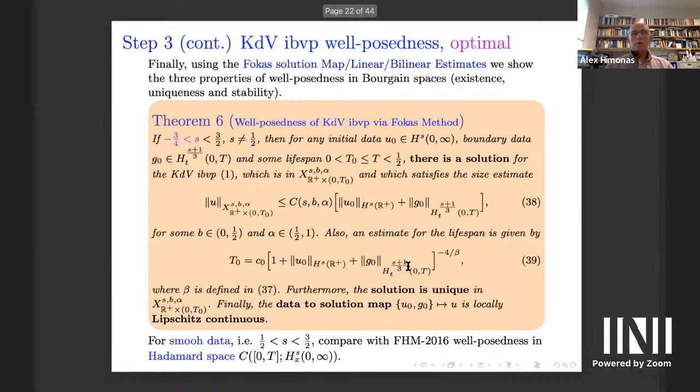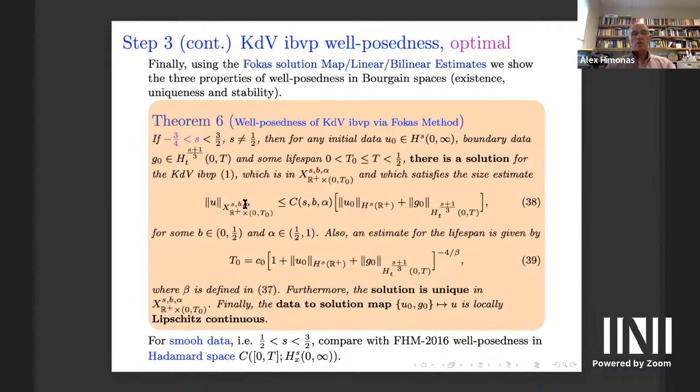And now here is the well-posedness. Call it optimal well-posedness in analogy with the initial value problem. If we have s bigger than -3/4, and the data belong to the correct spaces, in H^s the initial, and in H^(s+1/3) the boundary datum, then we get a solution in the restricted Bourgain spaces, here X^{s,b}_alpha, satisfying this size estimate.